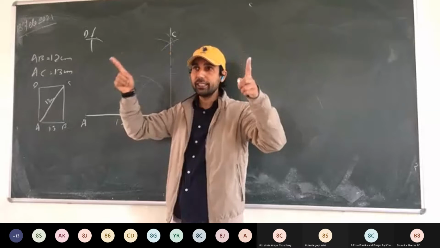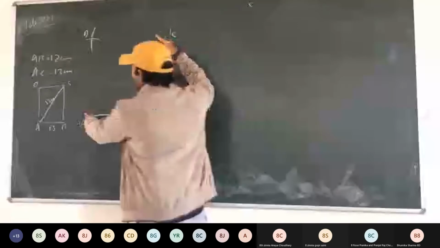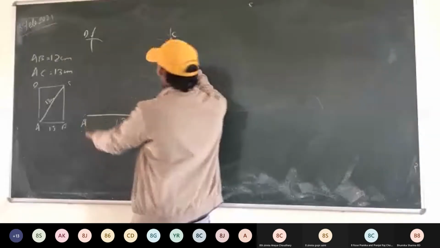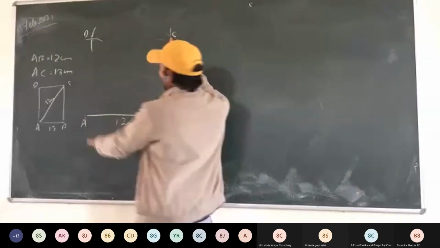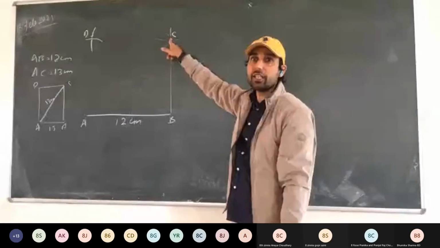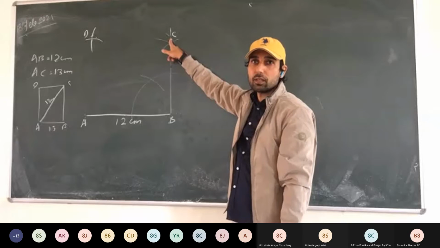So take radius of 13 centimeters. Now from A, make an arc on this line. Where this arc and this line meet, that is our C point, C vertex.